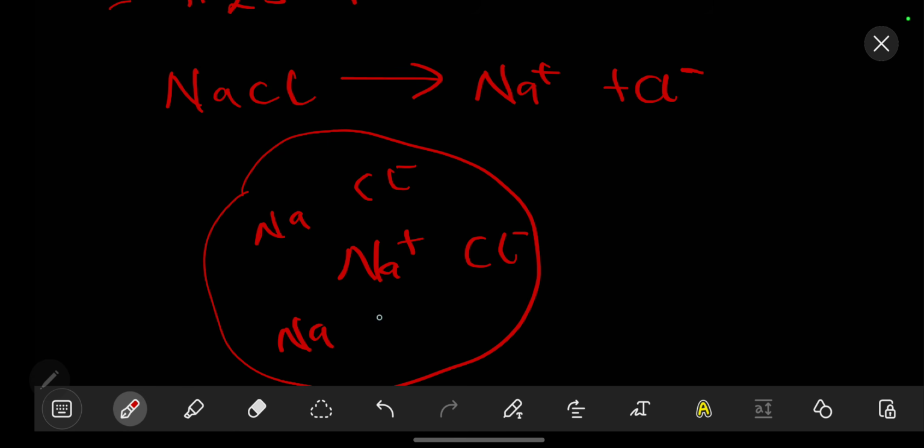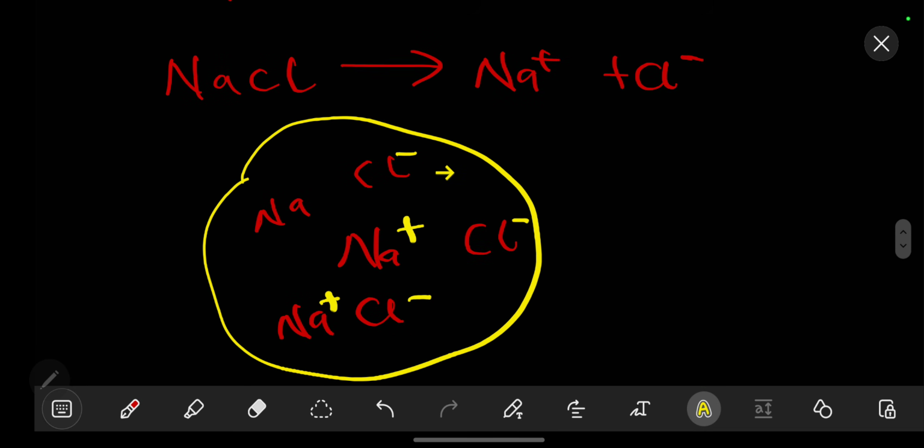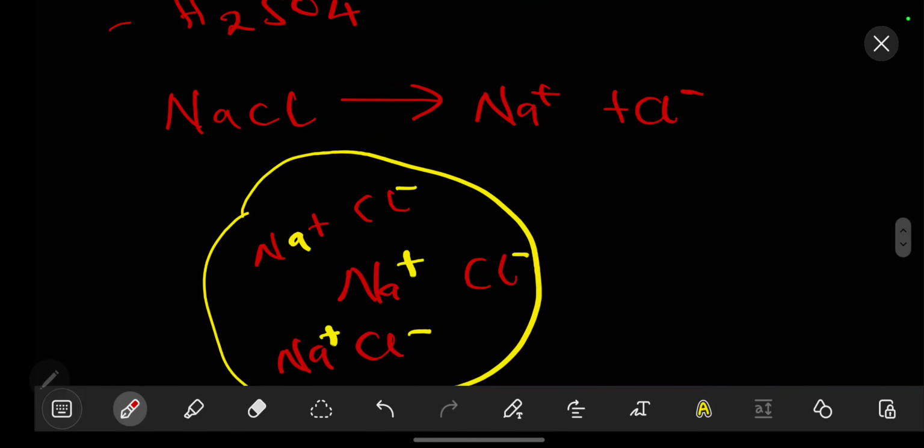The cycle continues like that. For charge to be carried, it has to be taken from the positive to the negative. So it is very important for a substance to dissociate. These fully dissociate to give many ions, thereby conducting a charge.